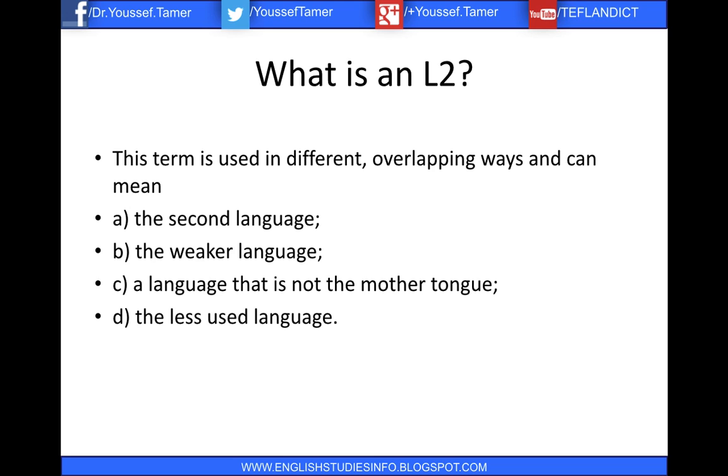You learn it only later at school. You don't learn it as a child at home. It's weaker in terms of competence. If you compare your competence in Amazigh and in French, in Amazigh, of course, it's better. French is not the mother tongue. Why? Because you don't learn it at home. You learn it only in school, and it is less used in your everyday life. You use the L1 more often. You don't use the L2 as much.